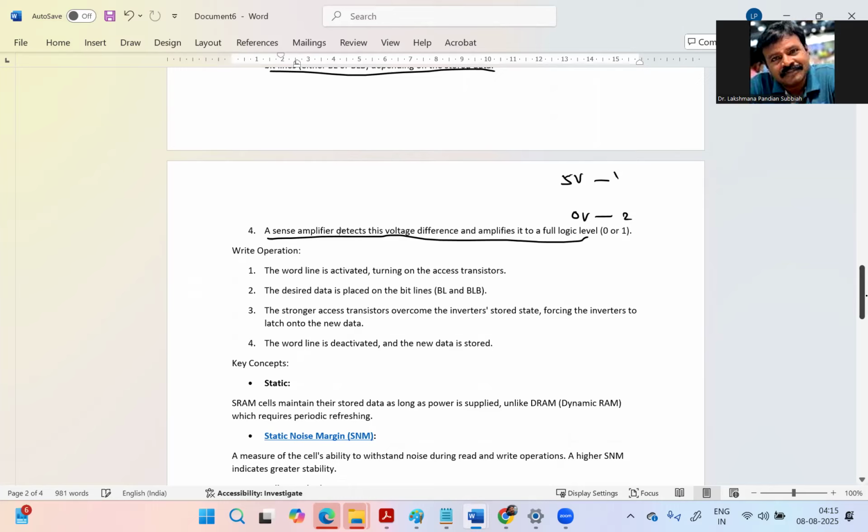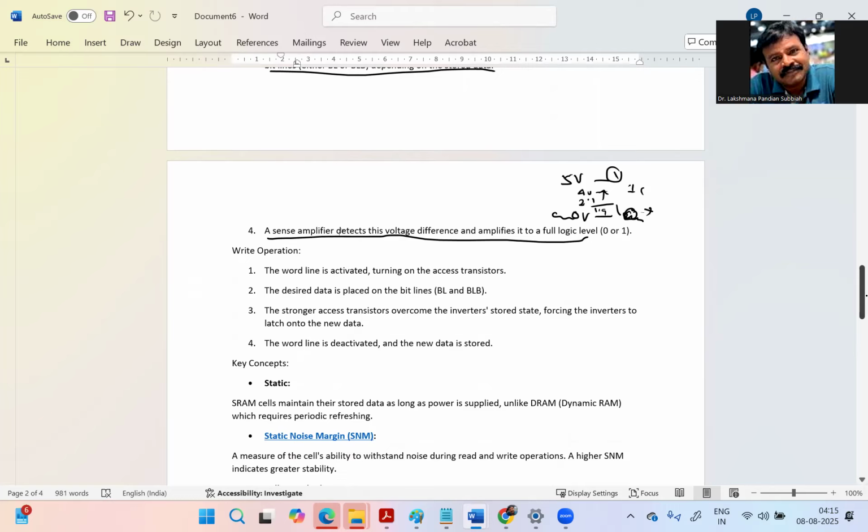Now the range: less than 2 volts shows 0, and above 2 volts shows 1, right? So if the voltage is 4, the logic is 1. Up to 2.1 is 1, and if you have 1.9, it will come to 0.